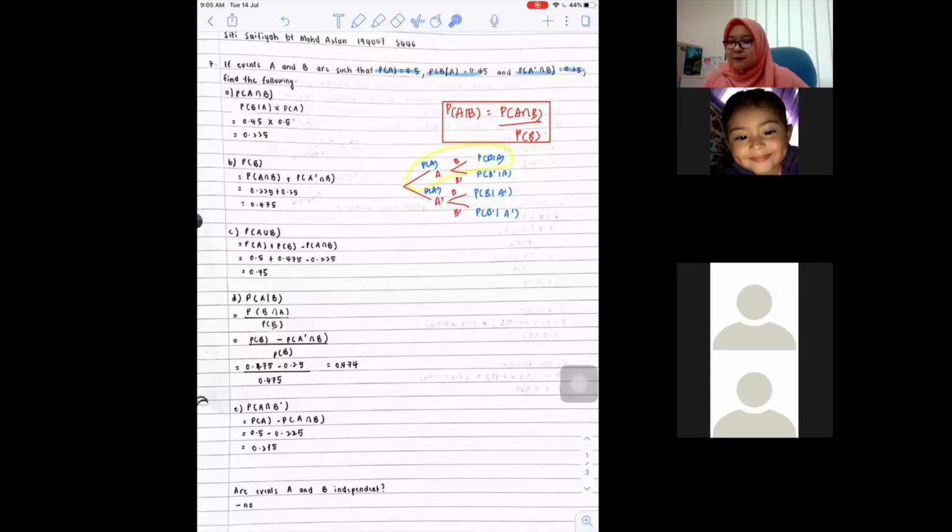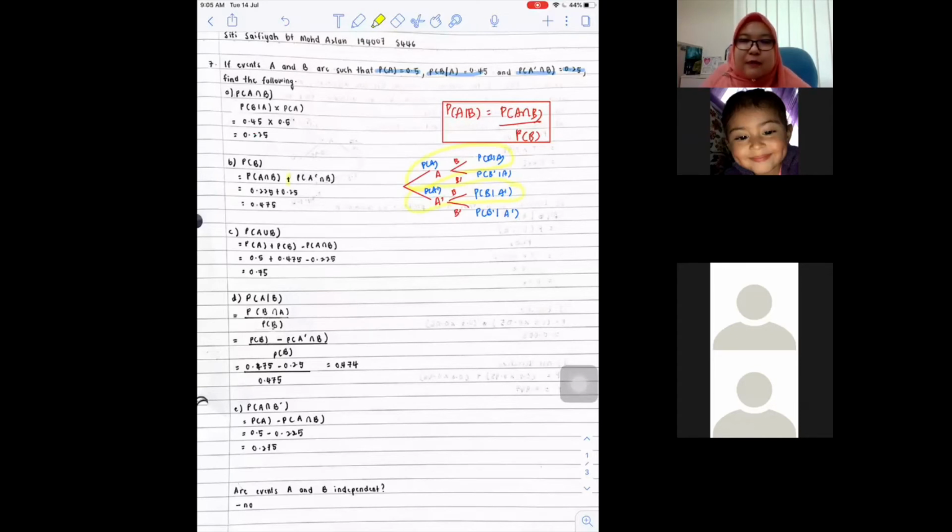Next one is P(B). Okay, that's what is P(B). This is law of total probability. Okay, so because your B does not stand alone, B is depending on the previous event. So law of total probability is just multiply this branch here. Another B is here, so multiply also this branch here, and add them up.